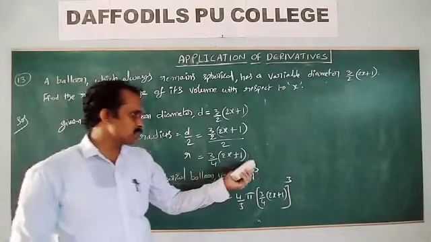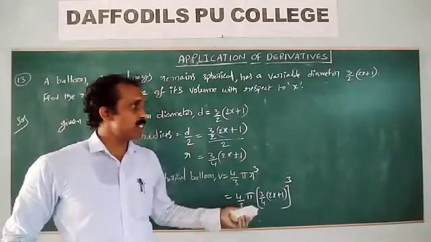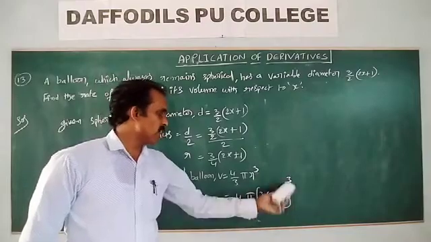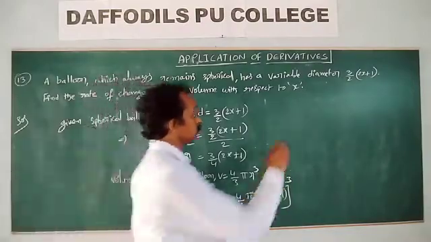The radius is 3 by 4 times 2x plus 1. Replace this, since they ask with respect to x, so we convert the value in terms of x.